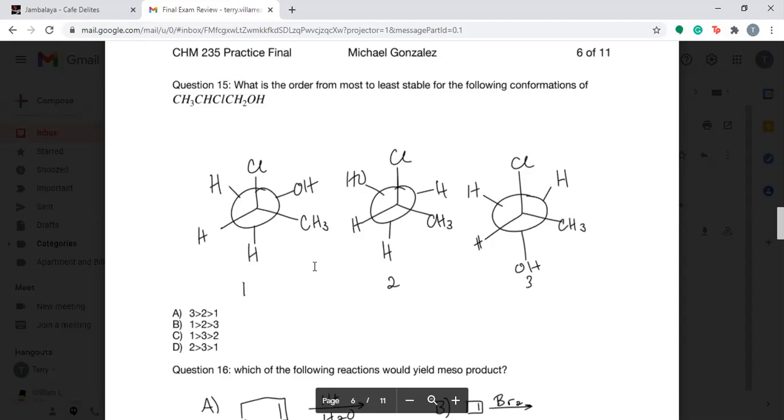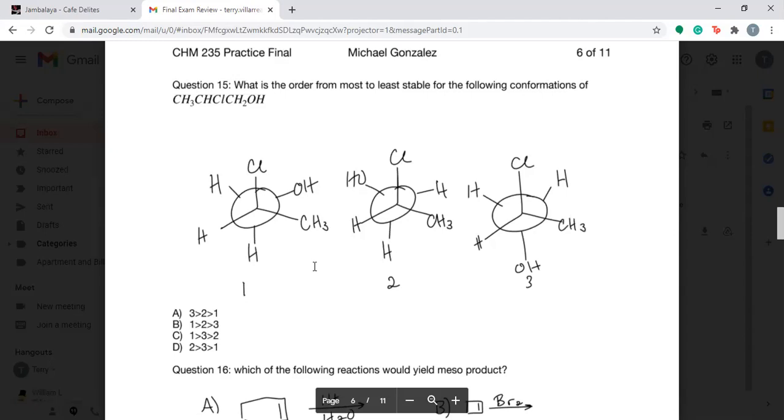Okay, so we got A from most to least stable. Okay, so Gwen says D, maybe.